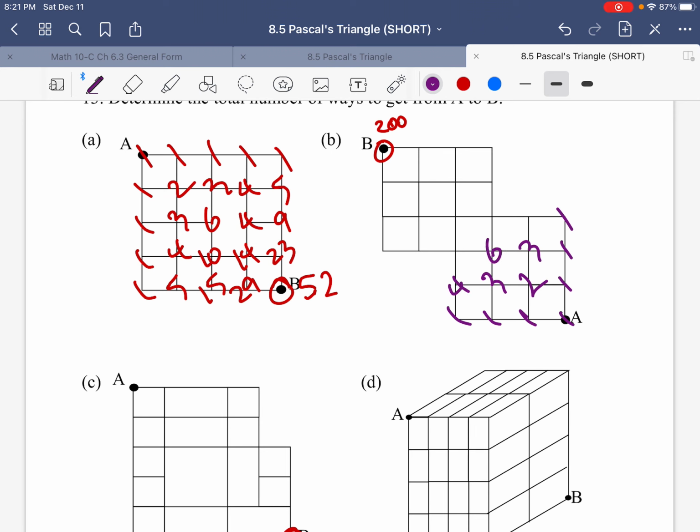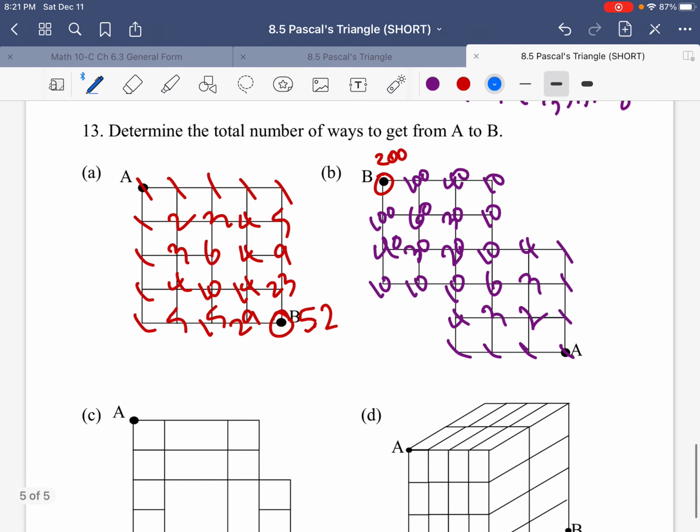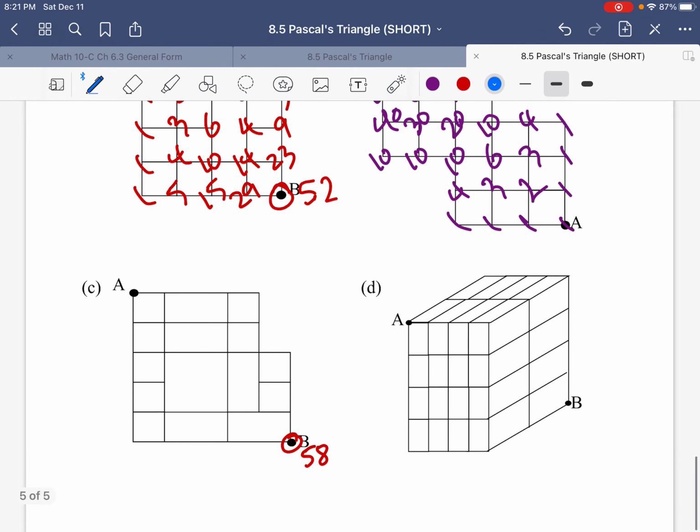Let's see if I can screw this one up. 1, 1, 1, 2, 1, 1, 3, 3, 1, 4, 6, 4, 10, 10. 10, 20, 10, 10, 30, 30, 10, 40, 60, 40, 100, 100. As I said, I'm doing this kind of quick, but yeah, 100 and 100 is 200.